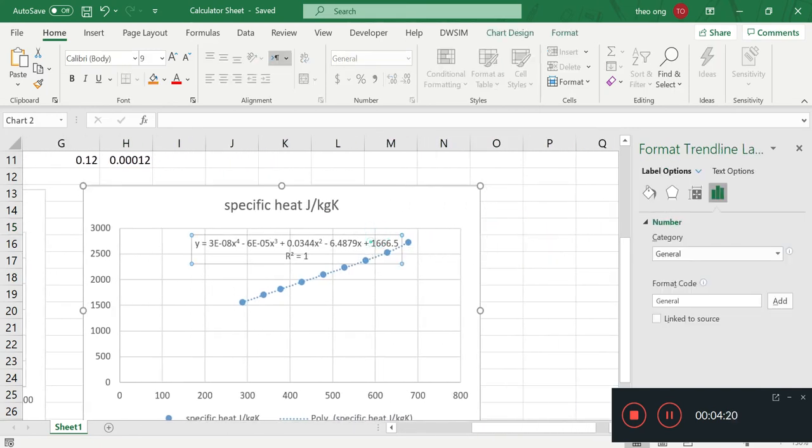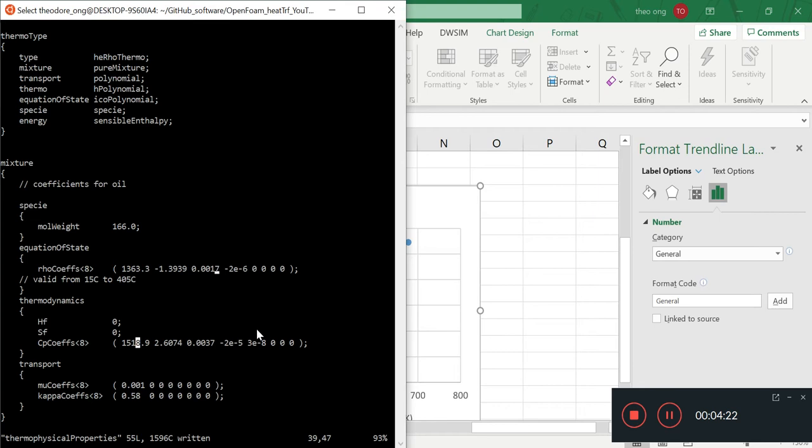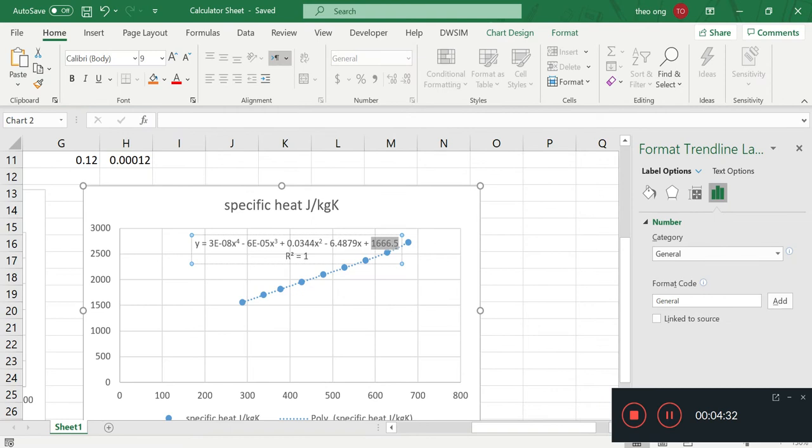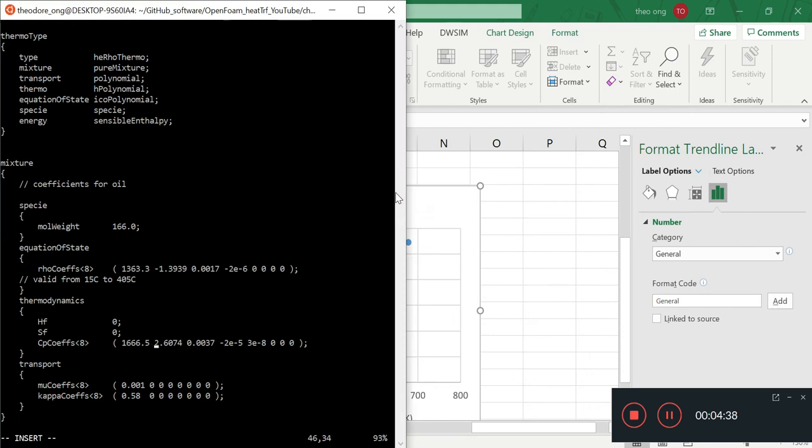Next, I look at the CP, which is just to the right. First coefficient, 1666.5. Now paste it here. Second, minus 648.79, so that's a minus there.